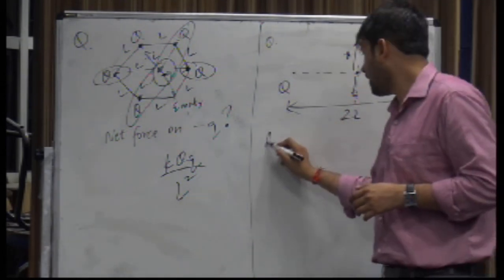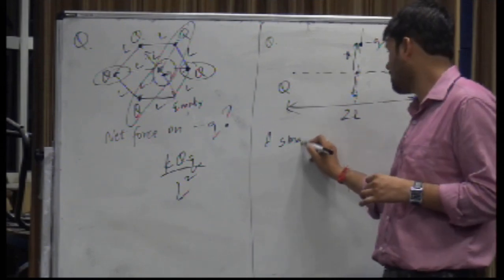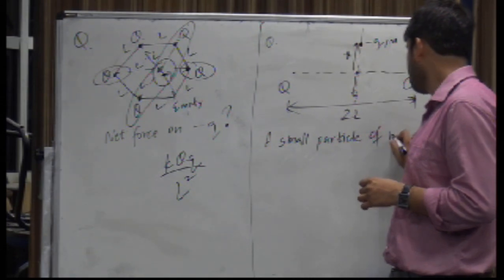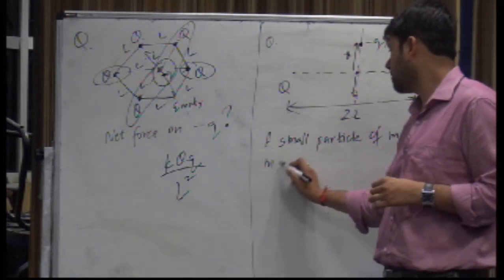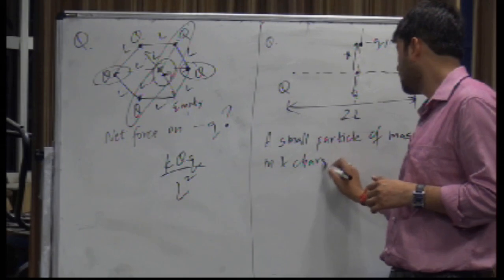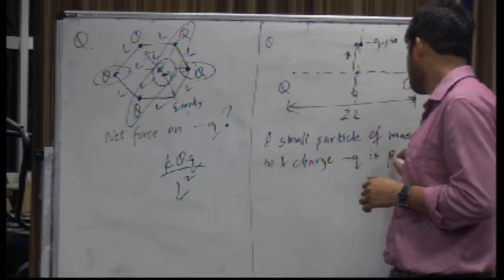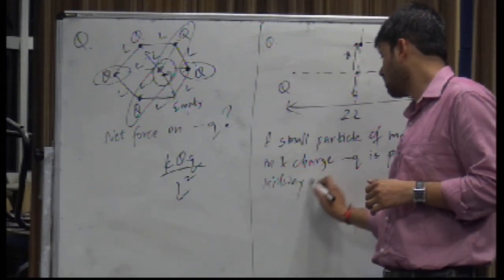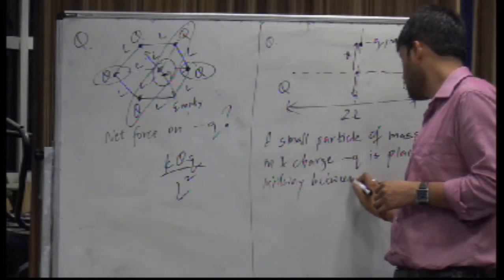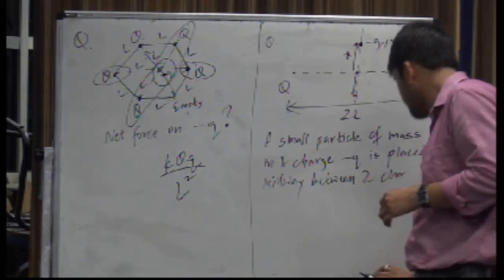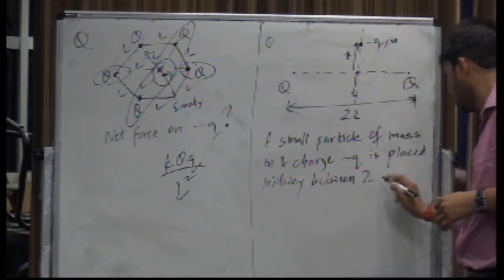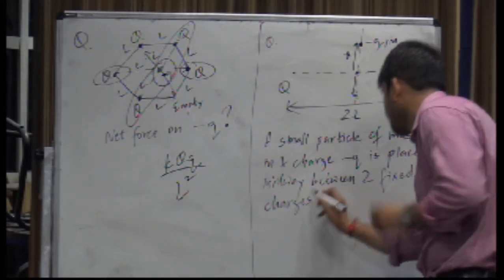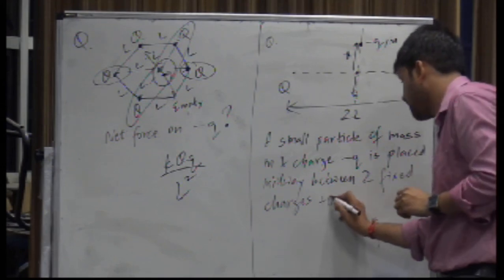So the statement is: a small particle of mass m and charge minus q is placed midway between two fixed charges, plus q each.